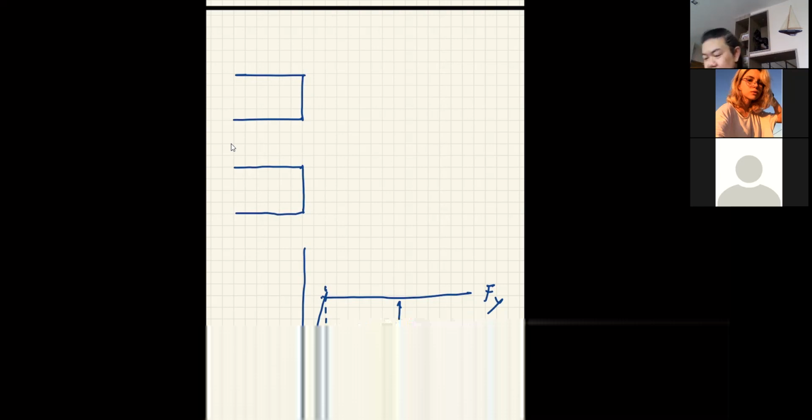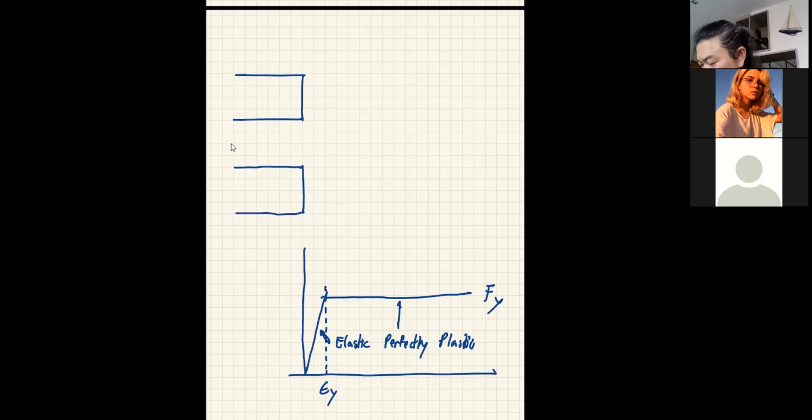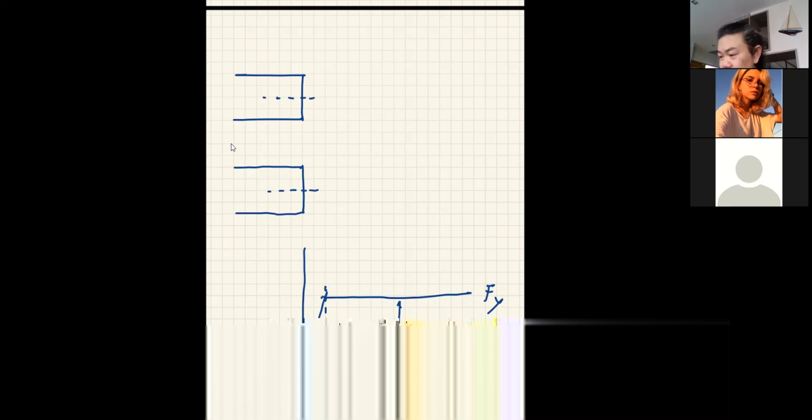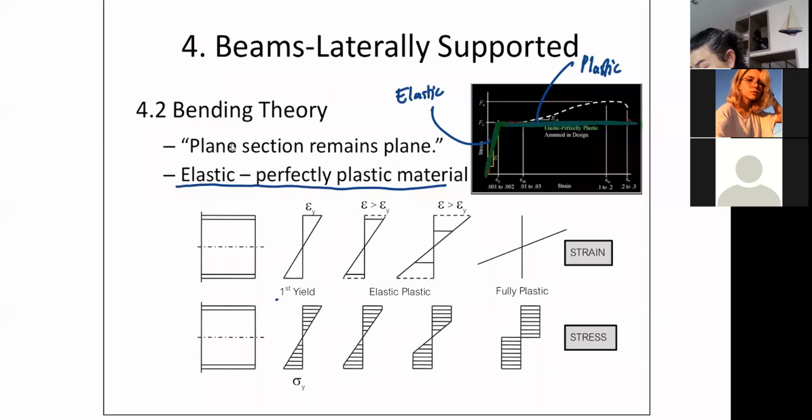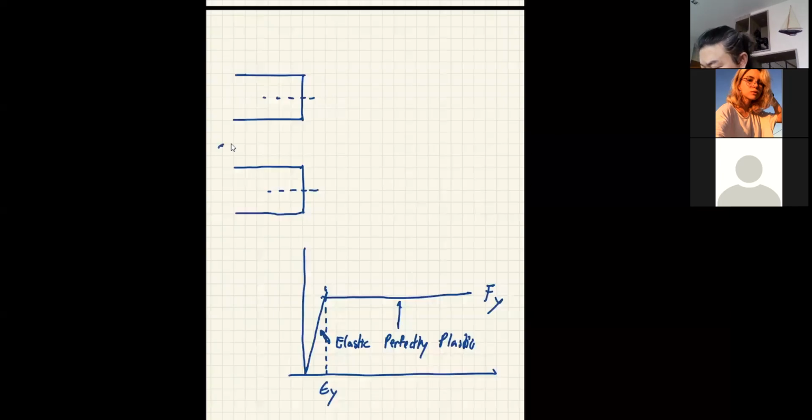So let's say this is our neutral axis. When I load the beam, when the first yield occurs here, let's say this is the strain. This is the stress.